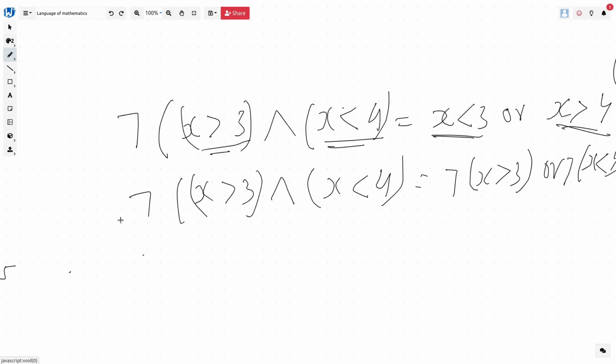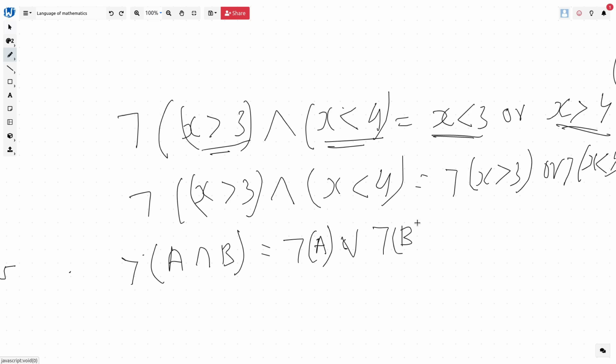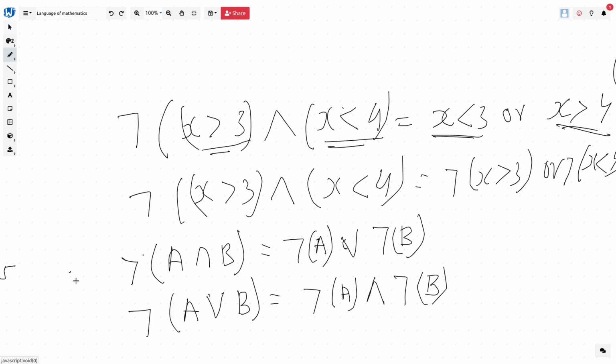If there are two expressions, we can write not of A and B is equal to not A or not B. Similarly, if you look at the other expression, not of A or B is equivalent to not of A and not of B. So you see here, when you put a not here, the and expression changes to or and the or expression changes to and, with the two nots there.